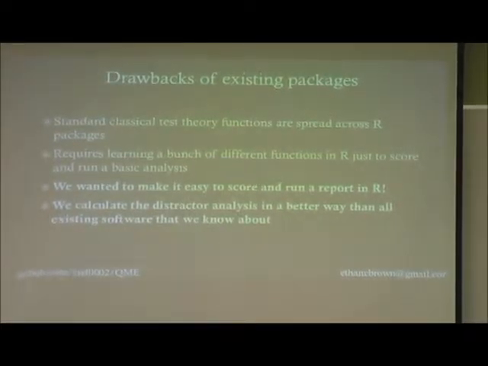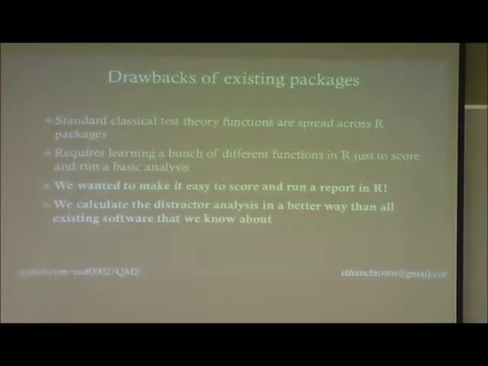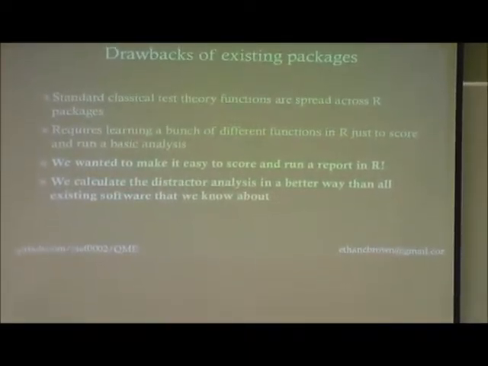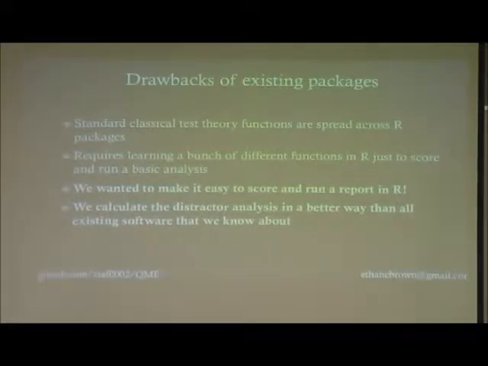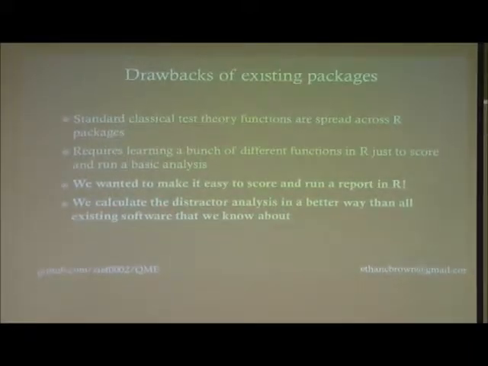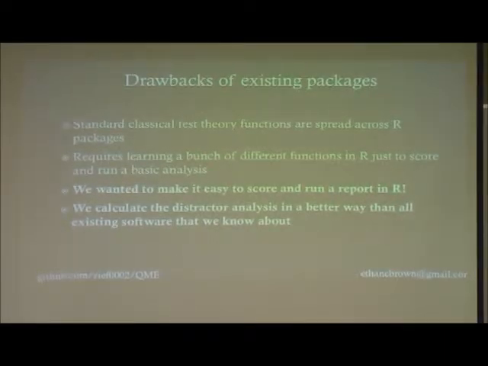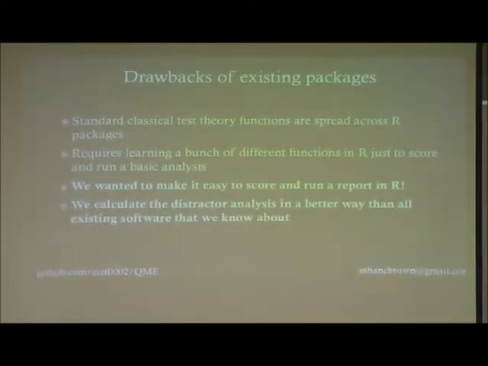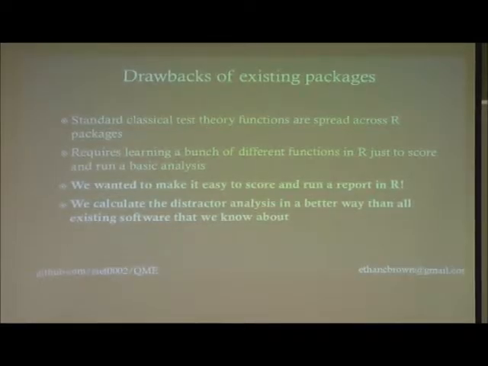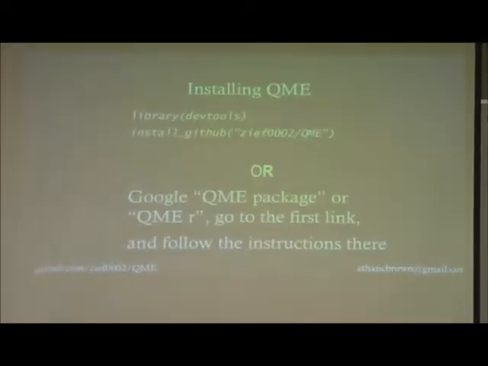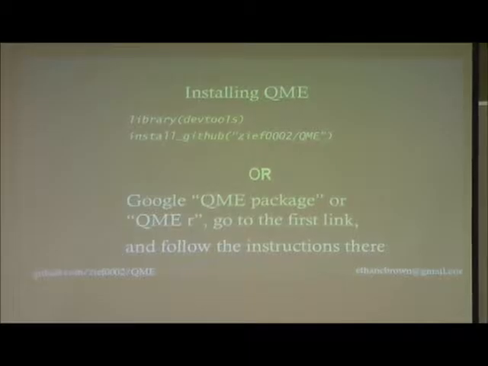Also, we do the distractor analysis in a better way than all existing software. We've been working with Michael Rodriguez to help correct some ways that we're doing things, and as far as we know, no one else is producing these statistics in the way that we are. It's relatively easy to install.